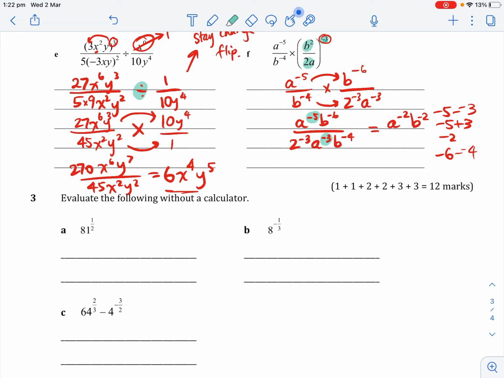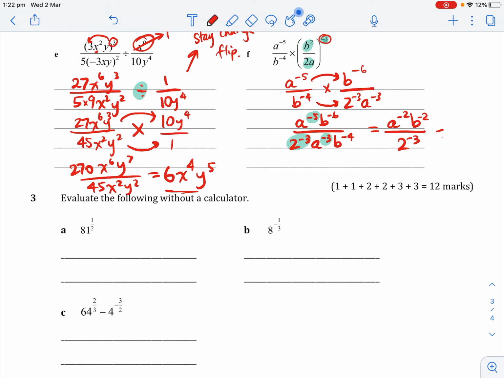And then this little lonely 2 to the power of -3, it's the only number. It was on the denominator, so I just keep it on the denominator by itself. Okay, nothing else can be simplified.